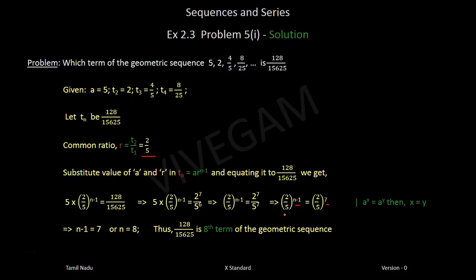Similarly, (2/5) to the power of n minus 1 equal to (2/5) to the power of 7. In both cases the bases are equal, so the powers will also be equal. So n minus 1 equal to 7, or n equal to 7 plus 1, that's equal to 8. Thus 128/15,625 is the 8th term of the geometric sequence.